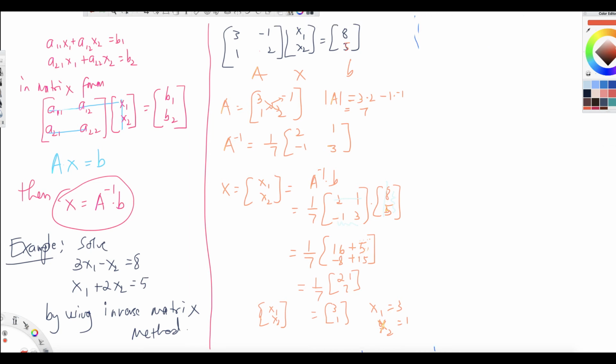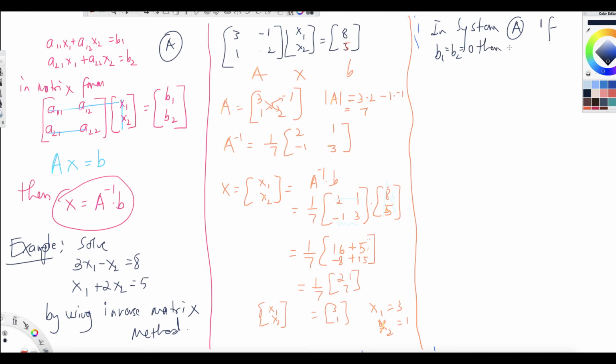All right. So let me write down some definitions on the solution. In this equation, in system A, if B1 and B2 both are 0, then we call the system homogeneous.